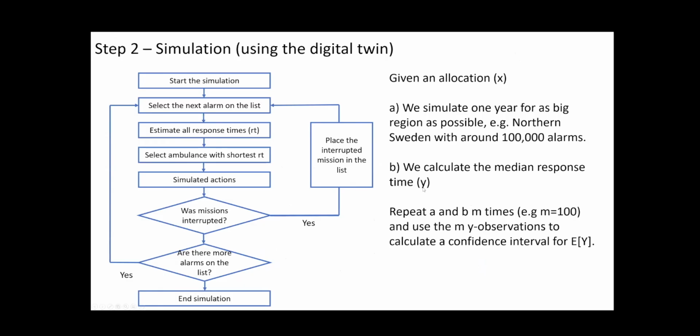And we estimate some loss function. For example, in the simplest case, that will be the median response time, Y. And we repeat those simulations, for example, 100 times. So we get the point estimate of Y as well as the confidence interval for the expected value of this median response time.